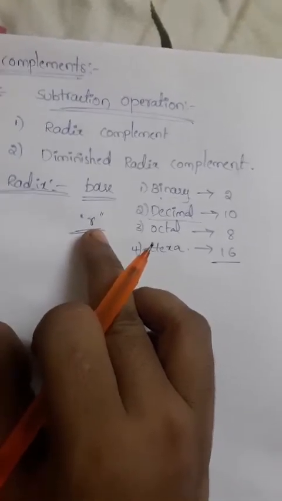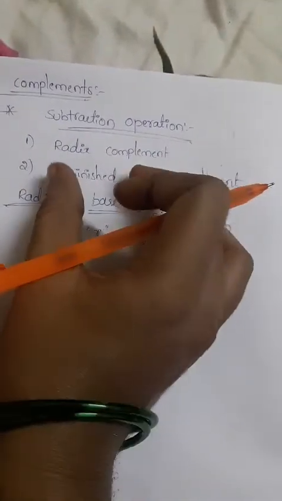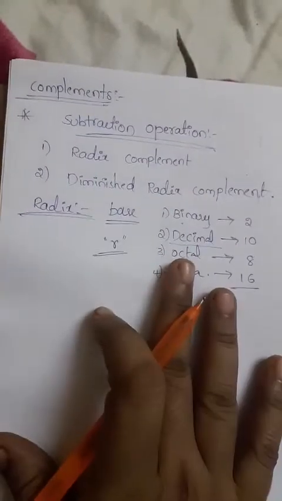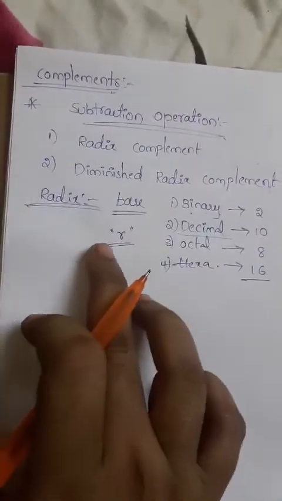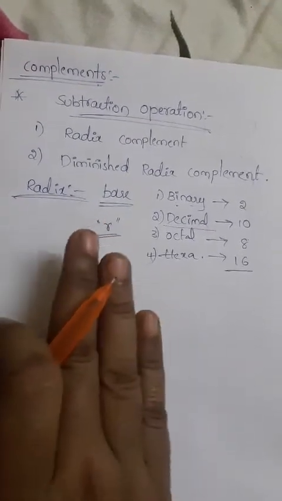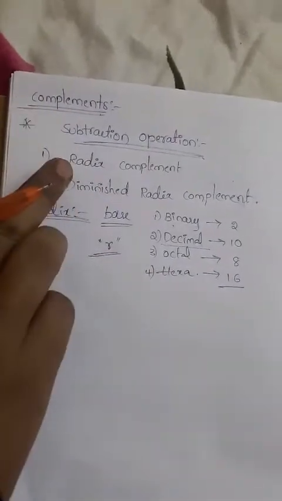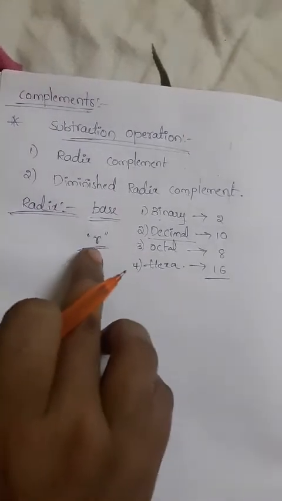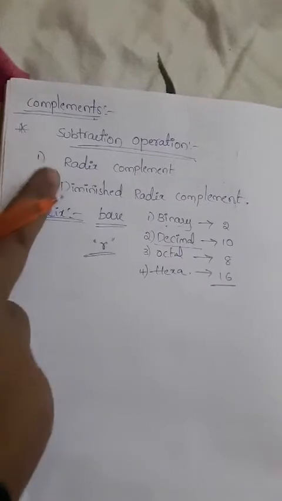Remember the point. Here, how to represent radix complement and diminished radix complement: each number system has some base, and that base we represent as small r. Depending on this base, the complements will be classified into two types.